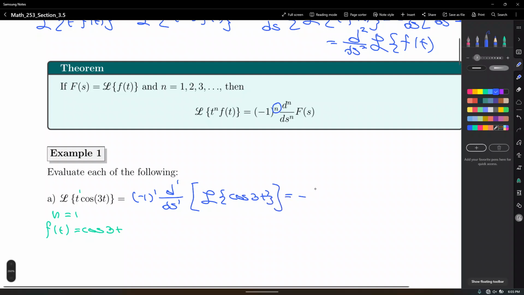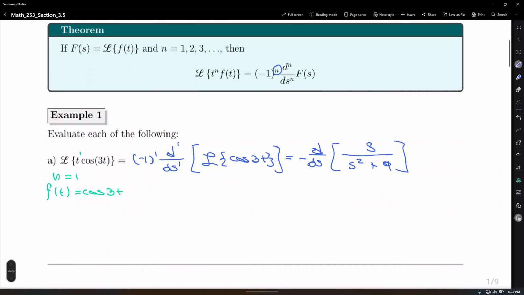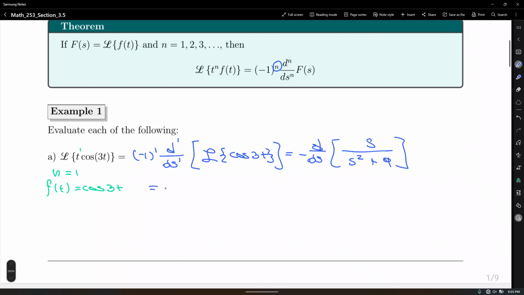That is negative the derivative with respect to s of the transform of cosine, isn't that s in the numerator over s squared plus the coefficient of t quantity squared, which is 9. So we need to differentiate this. What rule do we use to differentiate that one? Quotient rule. Keep the sign negative for the very end.